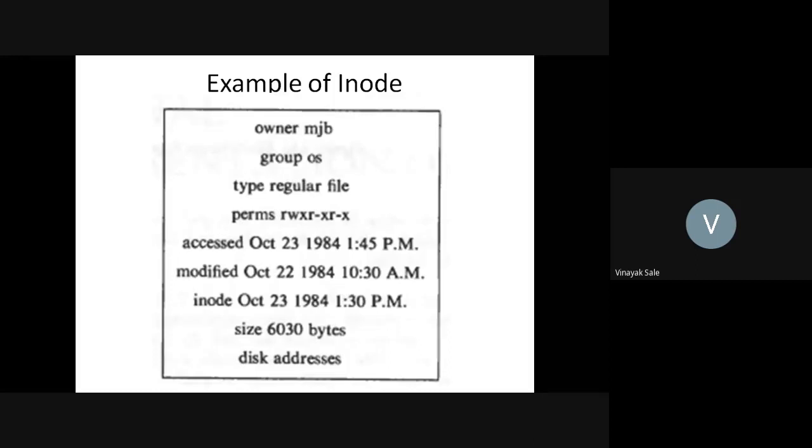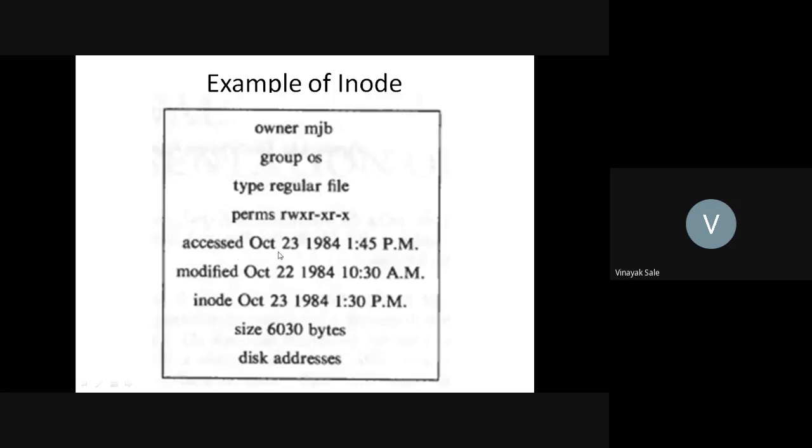See, this is the example of an inode of a file. Suppose we have taken this file as an example. The owner of that file is, suppose, mjb, the group is operating system, and the type of file is regular. It has permissions: read, write, execute, then read and execute, then read and execute. So there are three types of users: user, that is owner, group, and others.